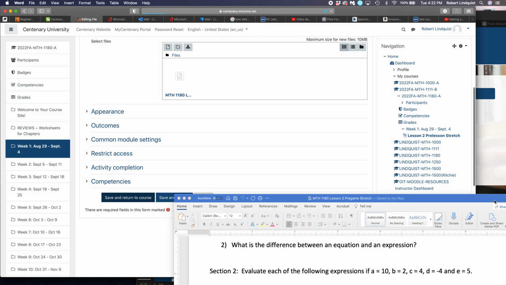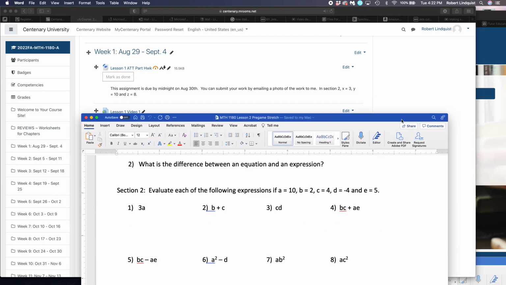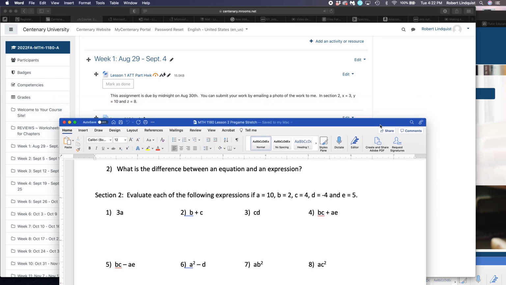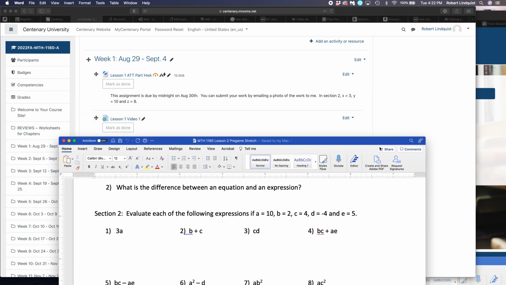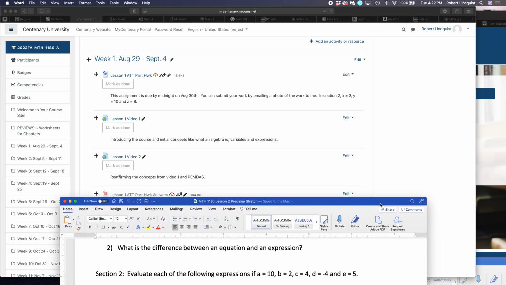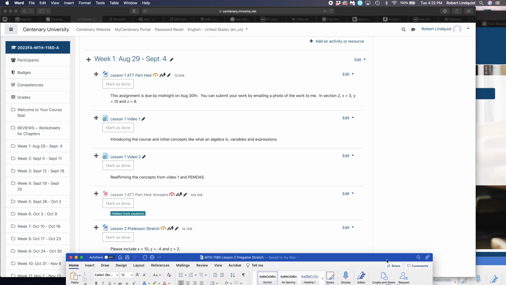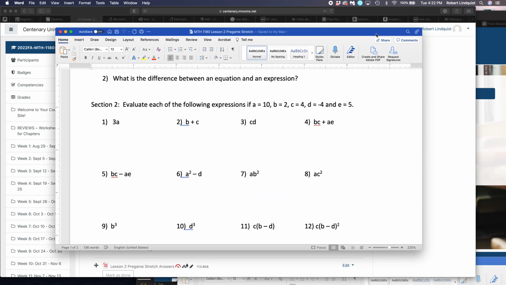So here you have X equals 2, in section 2, x equals 3. It tells you the values for x, y, and z in the homework. And then here, it tells you x is 10, y is negative 4, and z is 2. Right above here where I'm moving this. X is 10, y is negative 4, z is 2. And there's the first set of exercises.